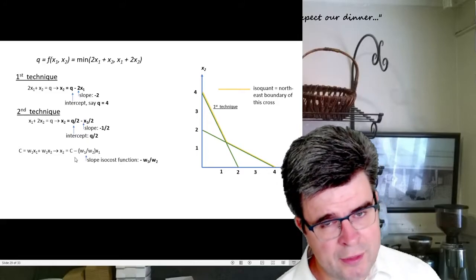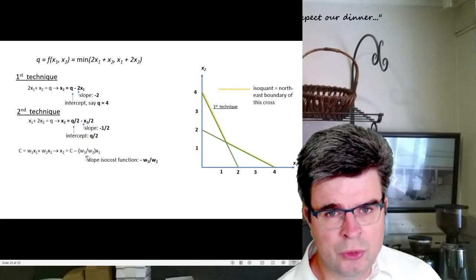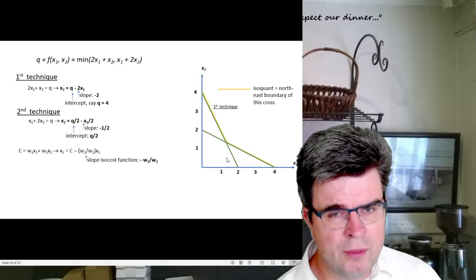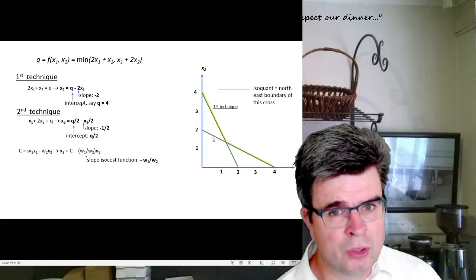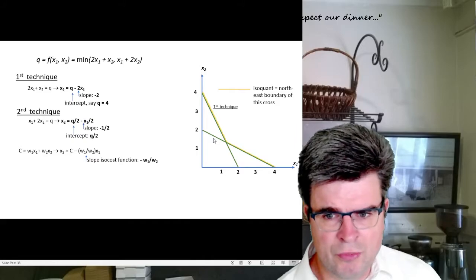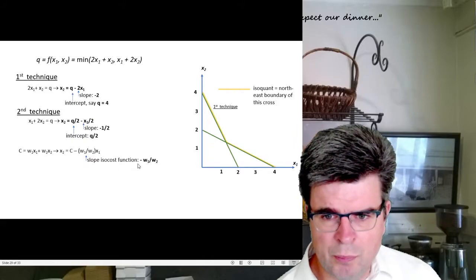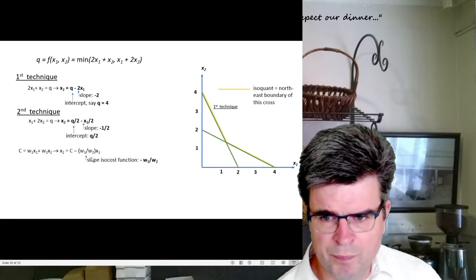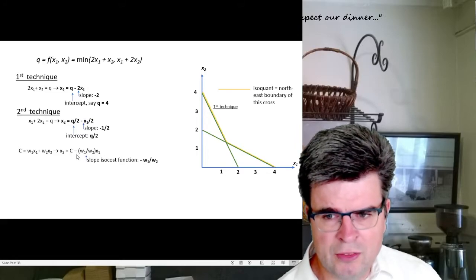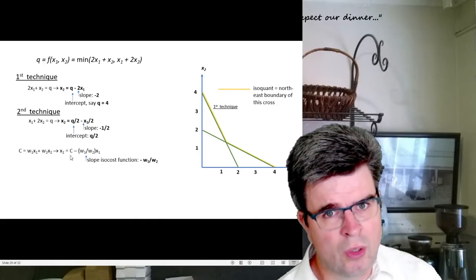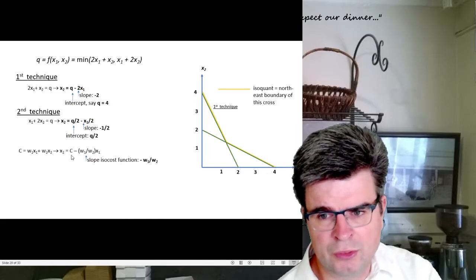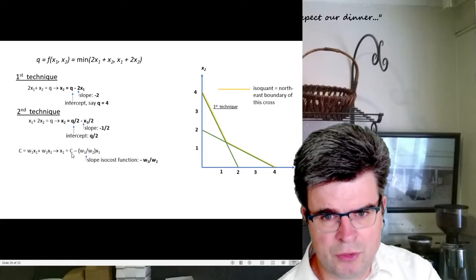I rewrite it in this way in order also to be able to depict the iso cost functions into this graph over here. So the iso cost function has a slope equal to minus w1 over w2, and the intercept with the y-axis is at the given cost level of the iso cost function, capital C.